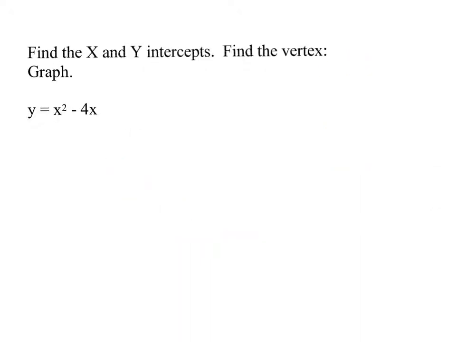Okay, in order to graph a quadratic equation, sometimes we want to find our critical points. Our critical points are the vertex and the x and y intercepts. So I'm going to draw a quick little graph over here. First thing we're going to do is find the vertex by using negative b over 2a. Here our b is negative 4, and our a is 1, because it's 1x squared.